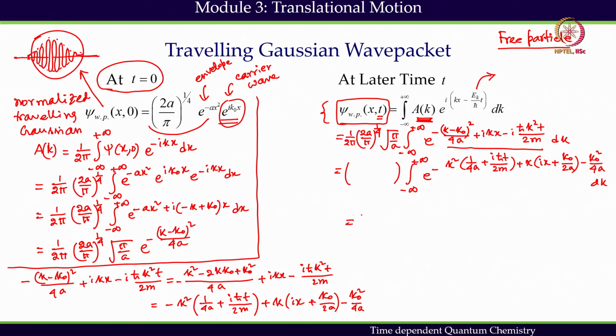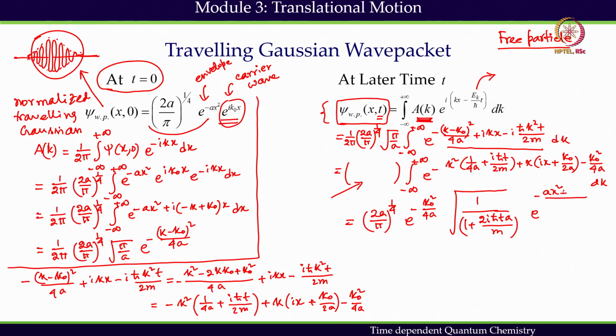So, if I do this integration, I can simplify these constants, and finally I get (2a by pi) to the power 1 by 4 e to the power minus k naught square by 4a, and within square root I have 1 plus 2i h cut t a by m, and then e to the power minus a x square plus i x k naught plus k naught square divided by 4a.